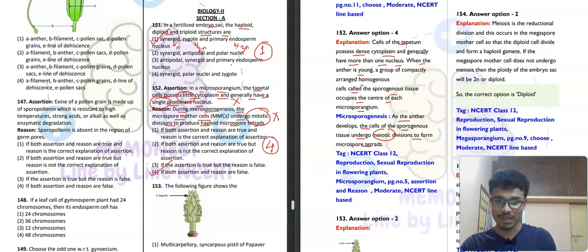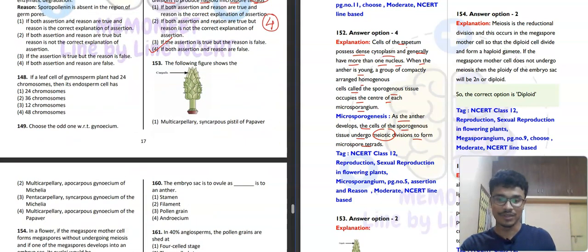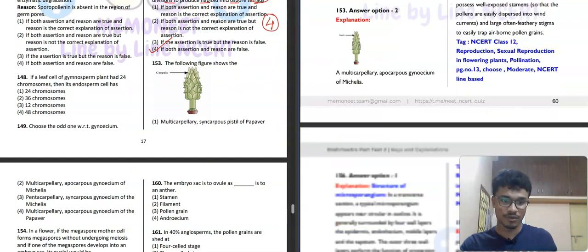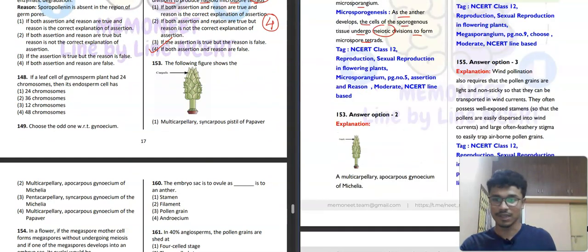Now moving towards the next question, 153. It is saying that the following figure shows multicarpellary syncarpous pistil of Papaver, multicarpellary apocarpous gynoecium of Michelia, pentacarpellary syncarpous gynoecium of Michelia, multicarpellary apocarpous gynoecium of Papaver.